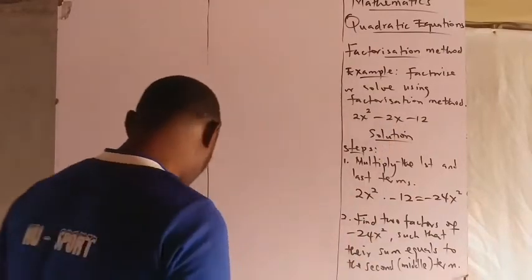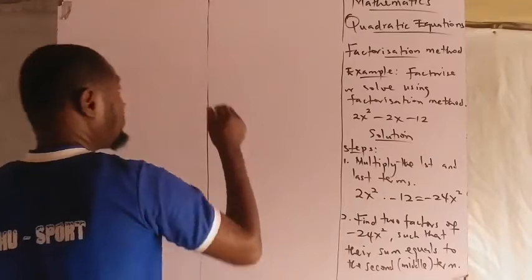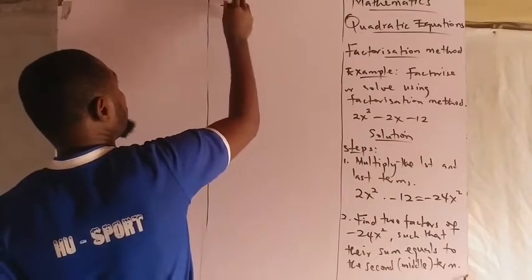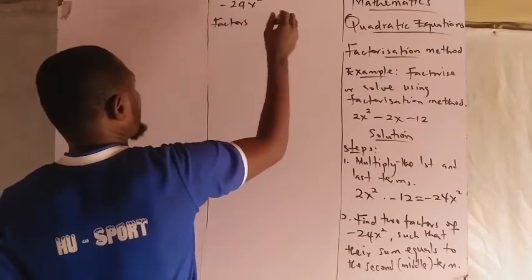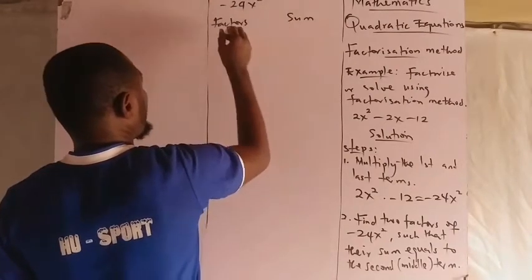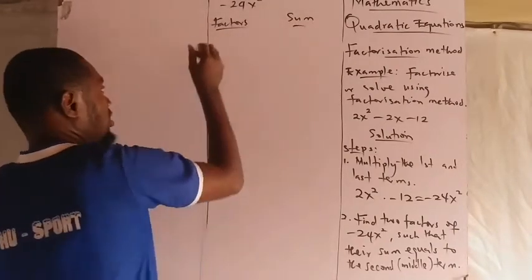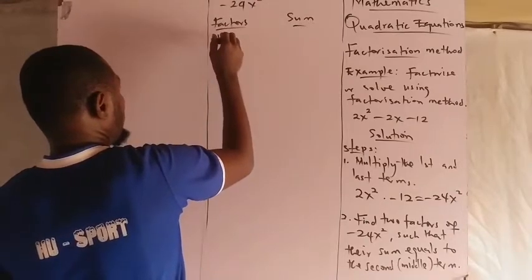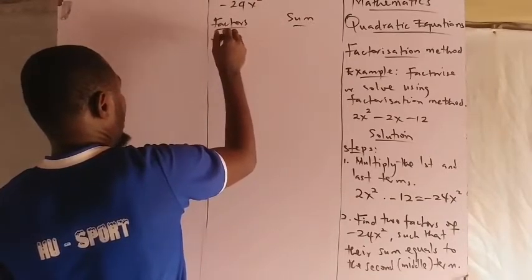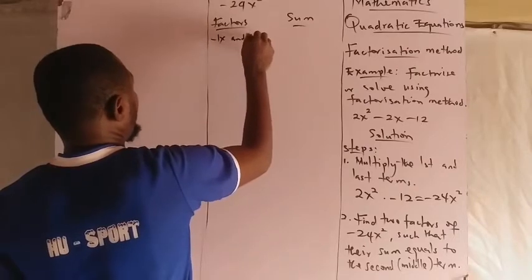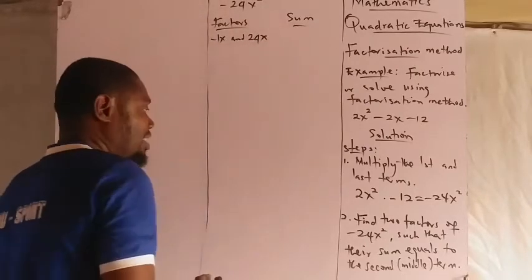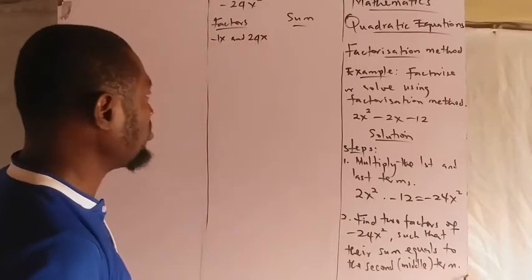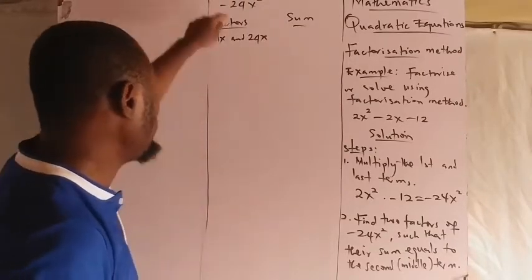Now let's look for the factors of minus 24 and their sum. One of them is minus 1x and 24x. If you multiply minus 1x and 24x, it will give you minus 24x squared.